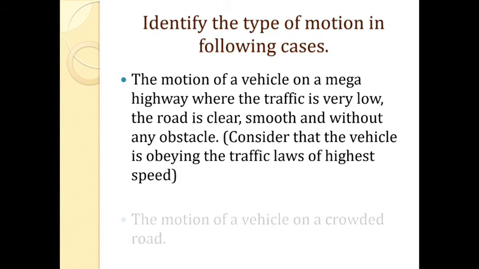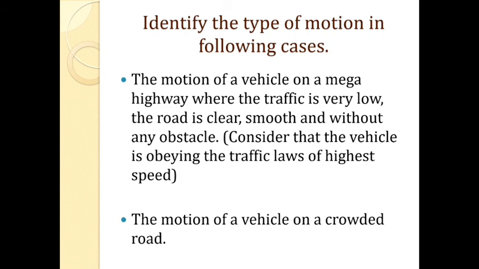Can you tell me the motion of such a vehicle? Definitely, in this case, the motion will be uniform. Once the car reaches the maximum speed, there is no need to reduce the speed because there are no obstacles and the road is also clear and smooth.